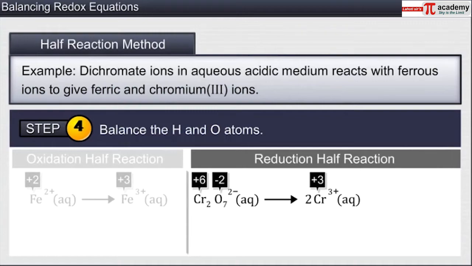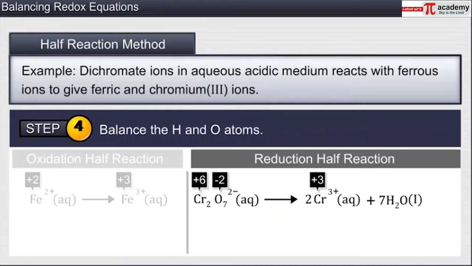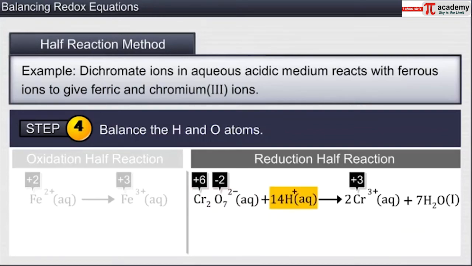As the reaction occurs in acidic medium, to balance 7 oxygen atoms on the left-hand side, we add 7 H2O molecules on the right-hand side. Now, after the addition of 7 water molecules, there are 14 hydrogen atoms on the right-hand side, but no hydrogen atom on the left-hand side. Hence, to balance the hydrogen atoms, we add 14 H+ ions on the left-hand side.